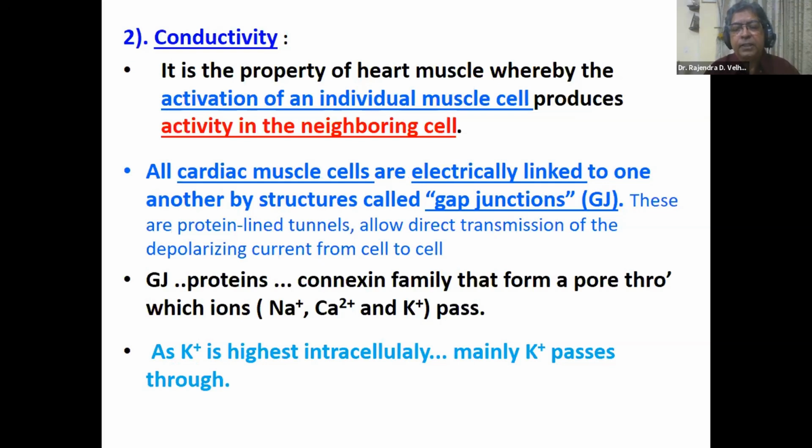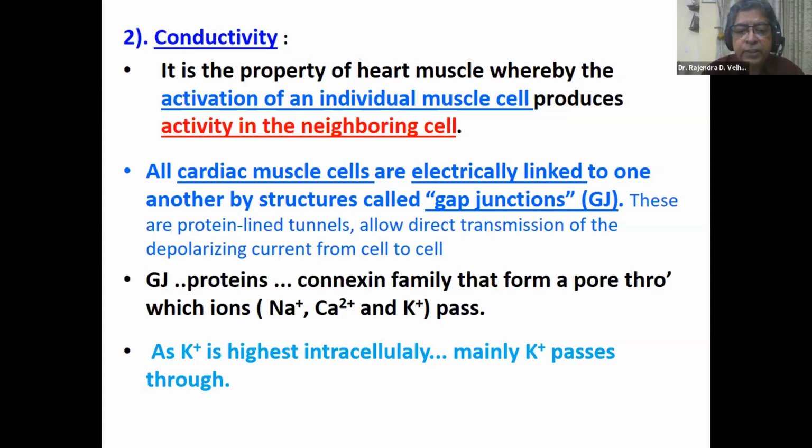All the cardiac muscle cells are electrically linked to one another by structures called gap junctions. These are protein-lined tunnels that allow direct transmission of the depolarizing current from cell to cell.